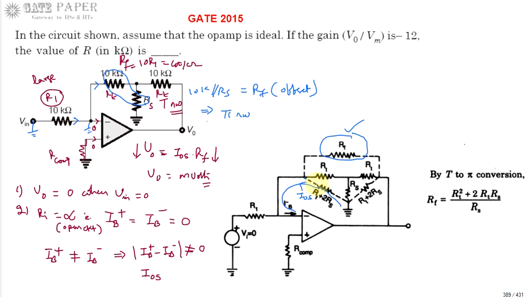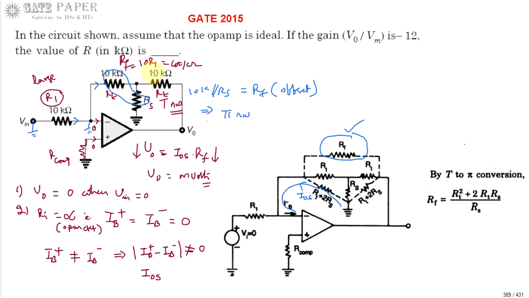So IOS takes less resistance, whereas a general input signal takes feedback resistance RF. Now we calculate the RF value using this equation, RT square plus 2RT into RS by RS. So we are assuming it as RS.